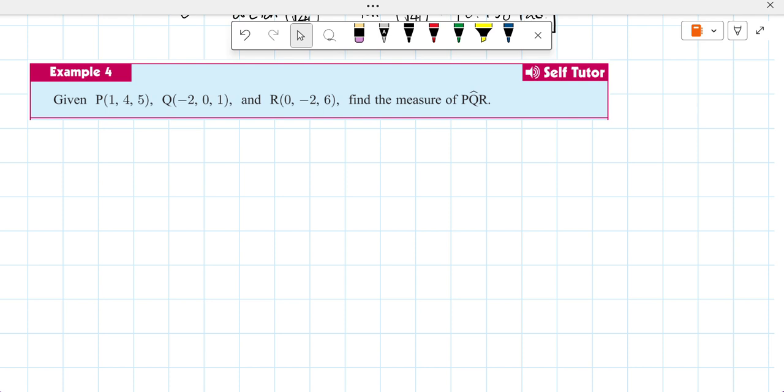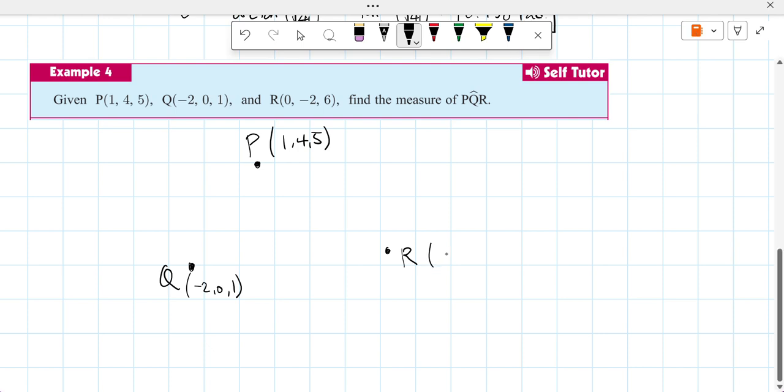I can just randomly suppose that we have this imaginary, invisible XYZ axis, and let's just say that point P is here, and the point Q is here, and the point R is here, randomly. Of course, it'll be a lot better if I know exactly where these are, but at least for the purpose of this diagram, we don't need to draw the precise diagram to represent where these are.